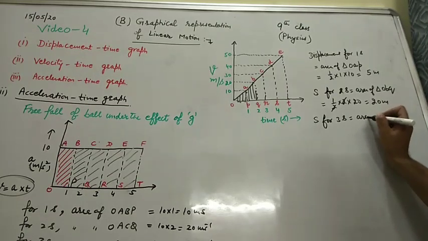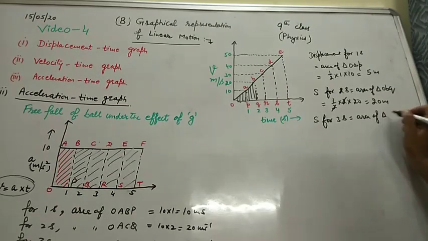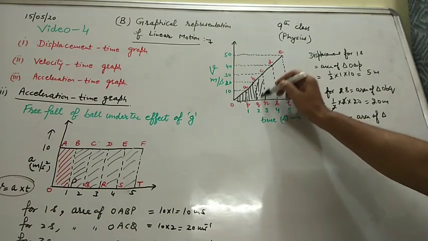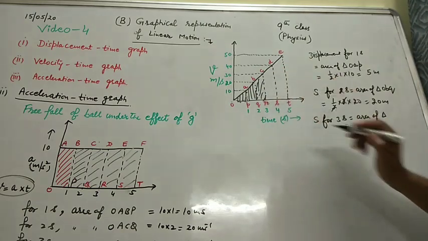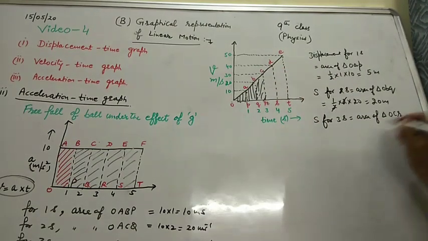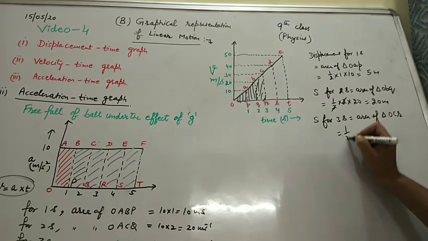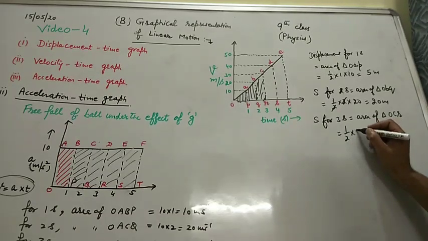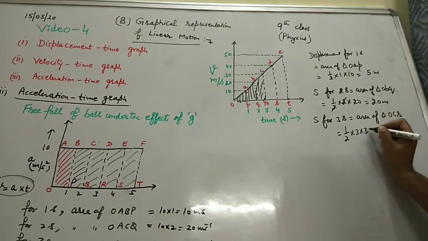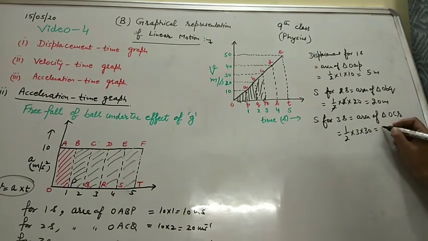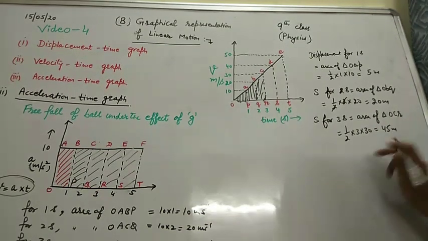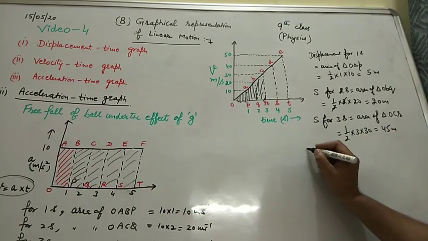Then S for 3 seconds. How can we get that? By finding the area of triangle, now this triangle will come, OCR. And the formula is half into base into height. And if you get the answer, that is 45 meter.